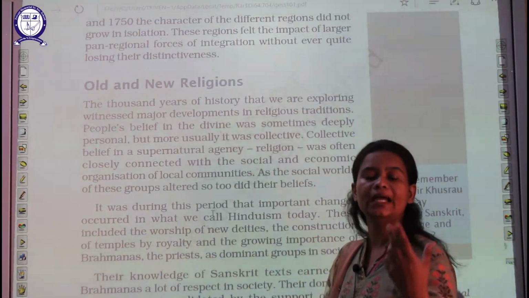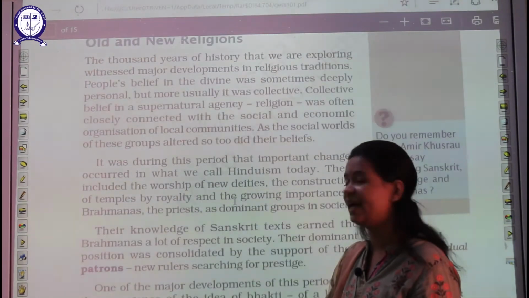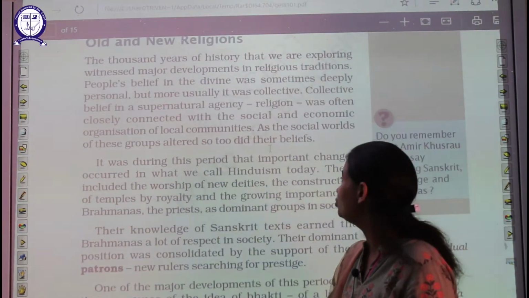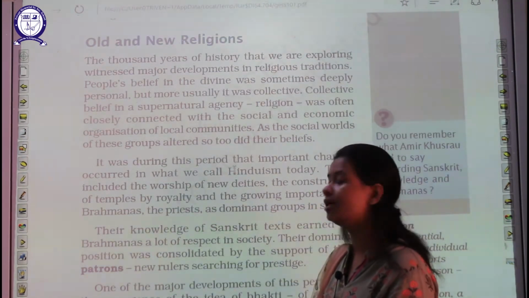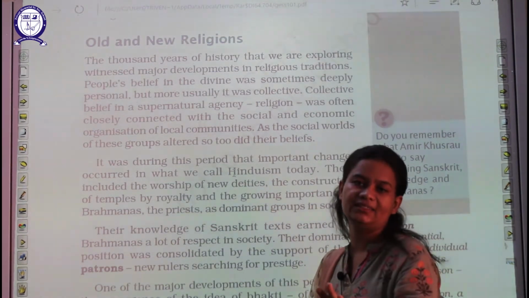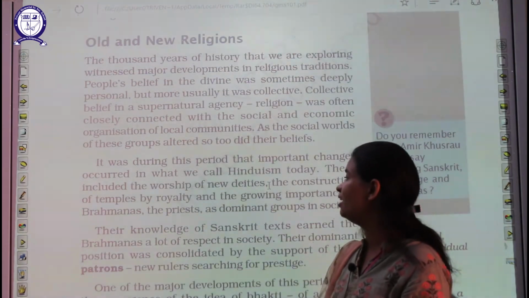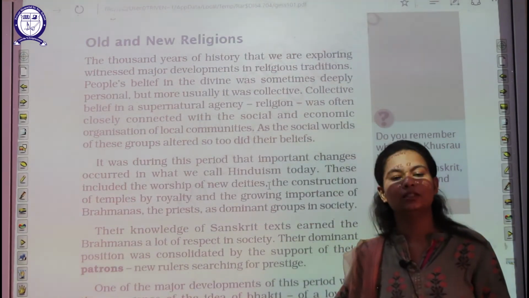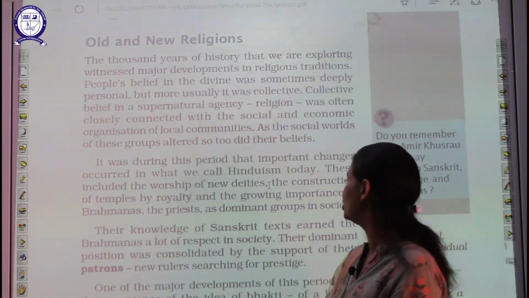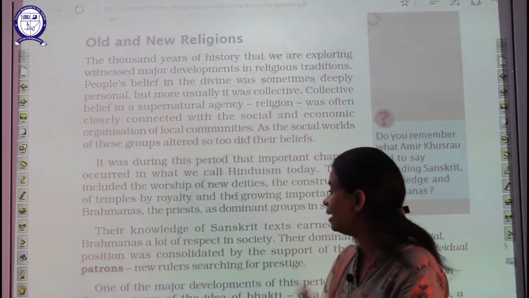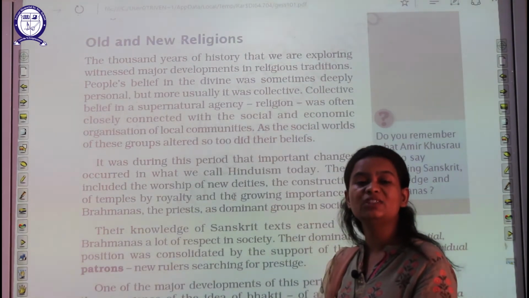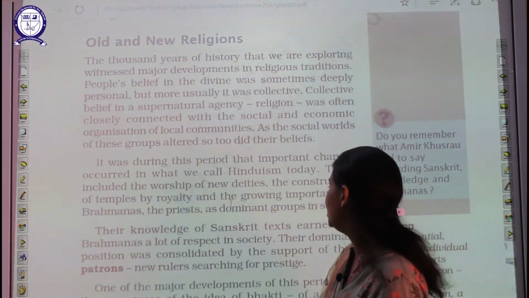Religion makes any individual practice or follow his or her own belief without any other person's interference. So people started worshipping new deities. New deities means people started worshipping new gods. They started constructing new temples by royalty, by expending more and more money on this.